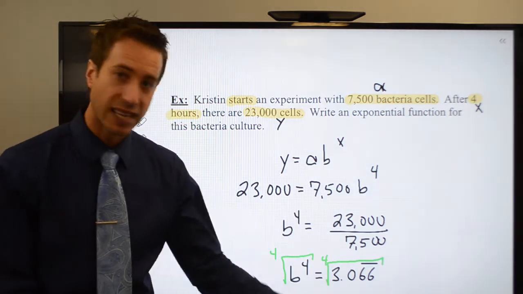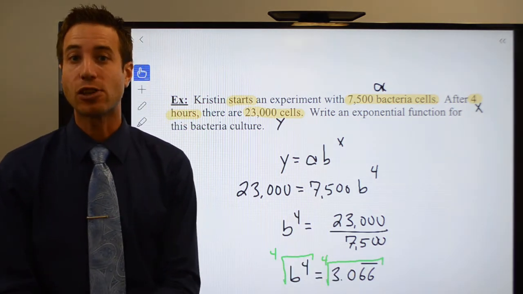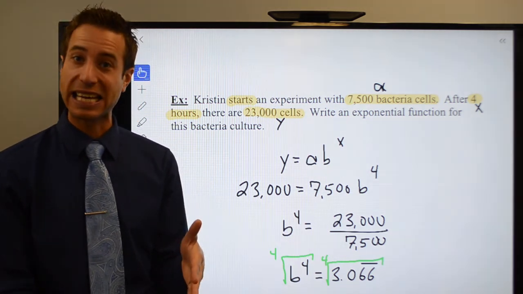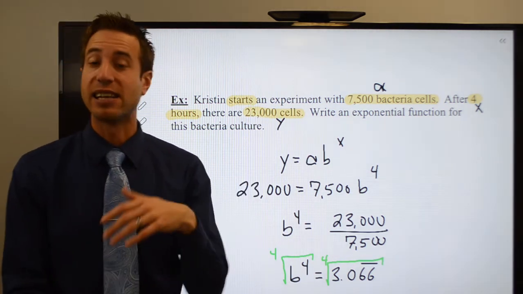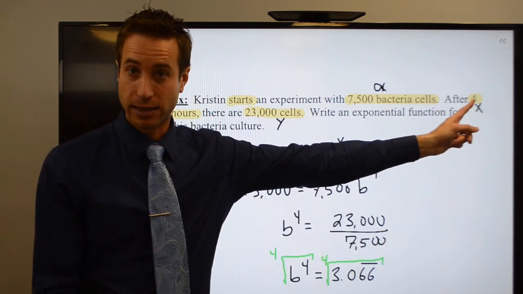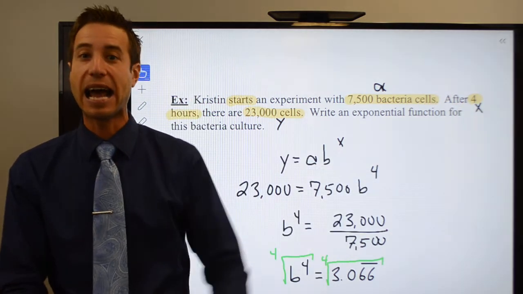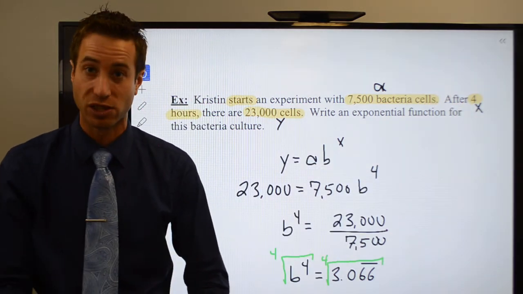What I could do is take the function that we just wrote and graph it. And then based on that graph, I could predict how many bacteria cells I expect to be in the culture at any time, right? I could do it after 3 hours or 6 hours, 10 hours. We could do it 48 hours later, right?